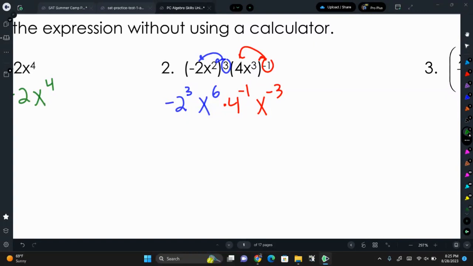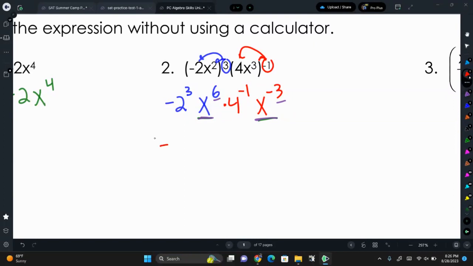So what we need to do first is deal with these x's. We can't deal with those numbers because they're different bases. We have negative 2 to the third power and 4 to the negative 1 power. But when we're multiplying any expressions or variables and the bases are the same, we can add the exponents.